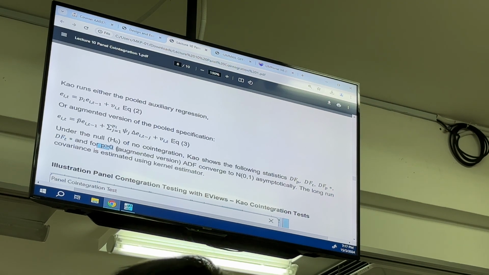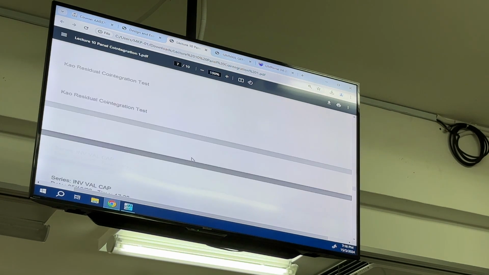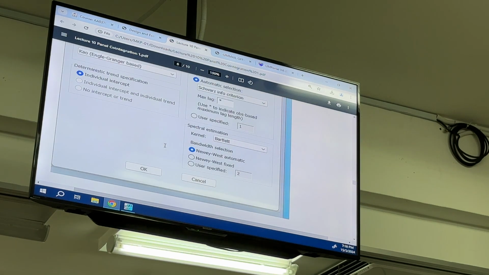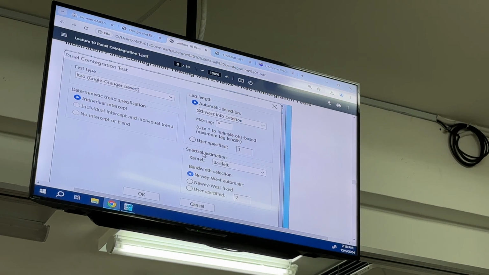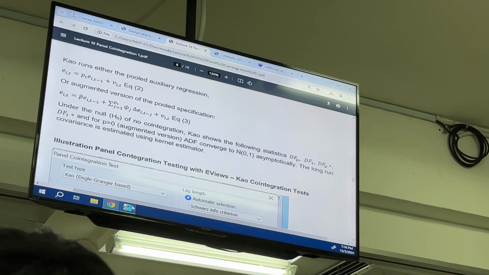So for the root greater than 0, and then ADF. They are still based on the idea that they will produce one statistic, and then show whether there is cointegration or not. So under the H null, no cointegration. Again you need to choose the bandwidth, which also involves the non-parametric, right? Non-parametric. So now let's see.